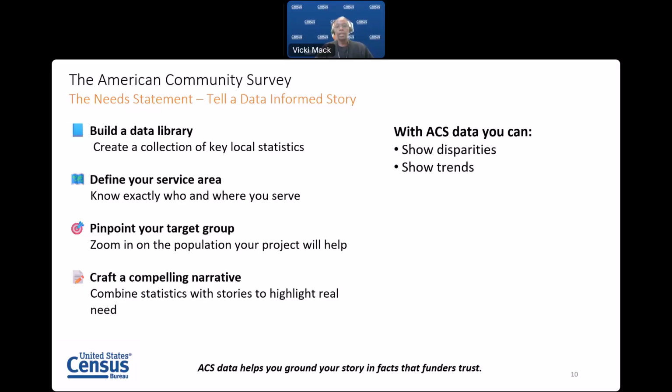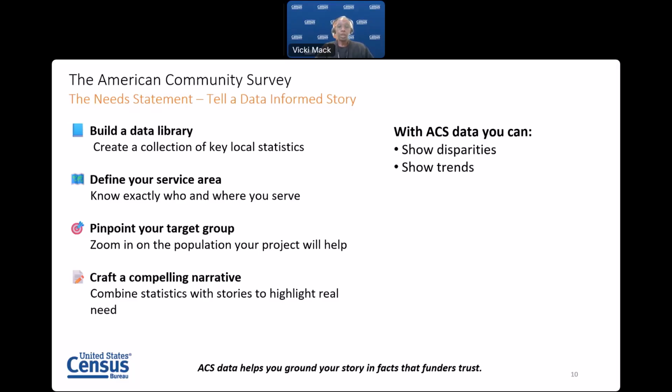Grant writers can then combine these statistics with stories or quotes to craft a compelling narrative that resonates with funders and illustrates real need. Because ACS data is timely and updated, grant writers can do things like show disparities like income inequality, limited access to broadband, and educational attainment gaps.